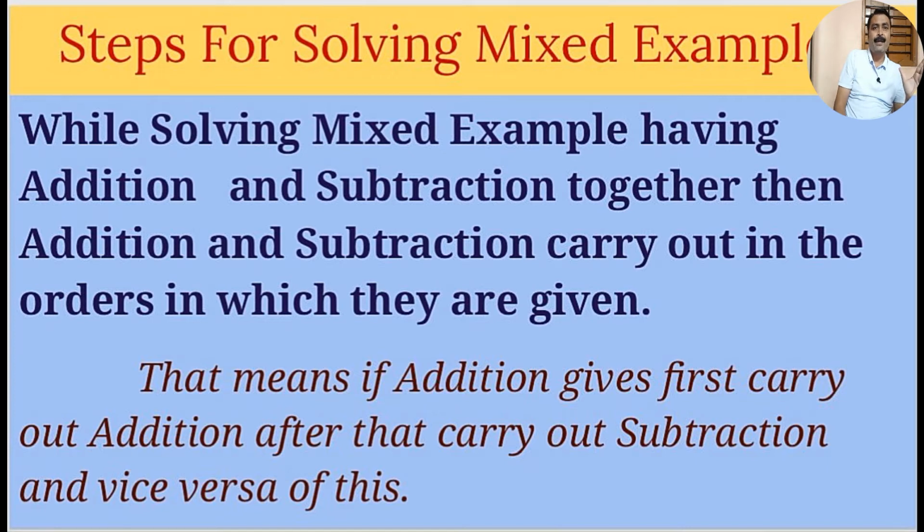While solving a mixed example having addition and subtraction together, addition and subtraction are carried out in the order in which they are given. That means if addition is given first, carry out addition, after that carry out subtraction, and vice versa. So the important meaning in this part, where we continue mixed examples on addition and subtraction, these two operations only.